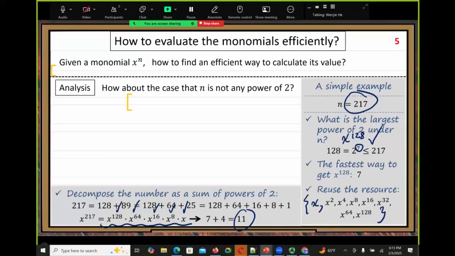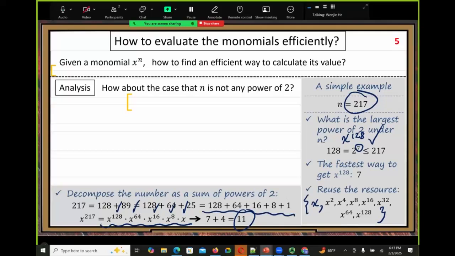This is the idea, this understanding. And another observation after we complete the calculation: can you see that this expression is related to the binary expression of 217?